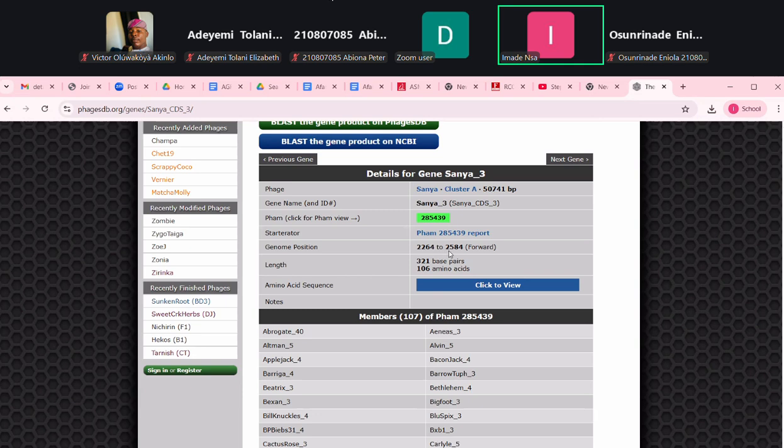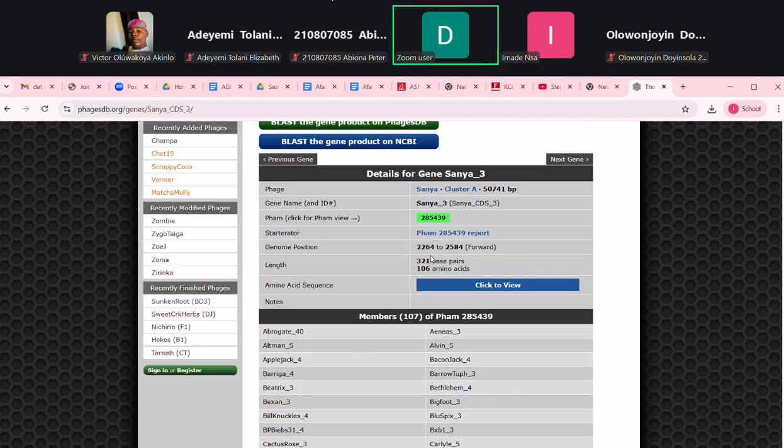The genome position, pay attention, 2264 to 2584. Remember, when we are calculating length, we include the start. Ordinarily, you would say 2584 minus 2264, and you will get 320. But remember, we're calculating length, so you add 1, and that 1 is the start.